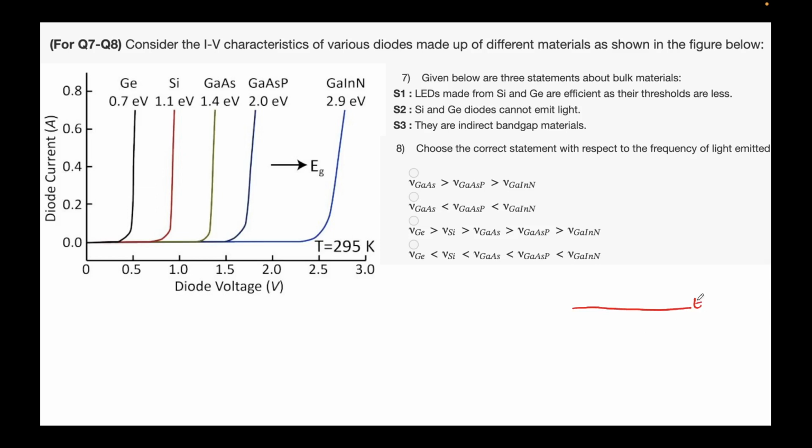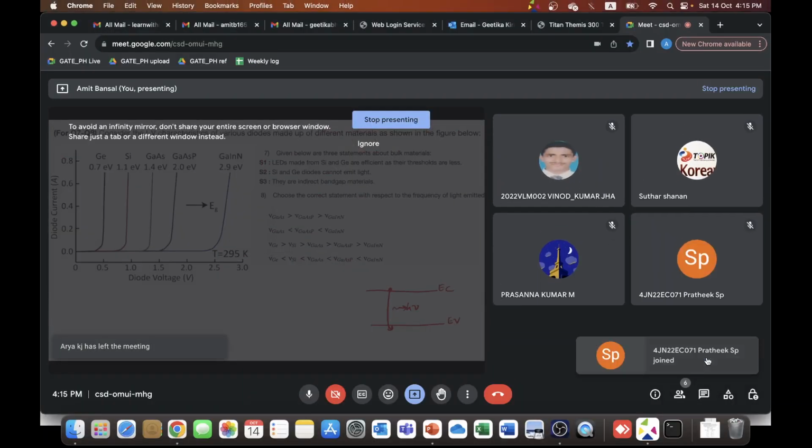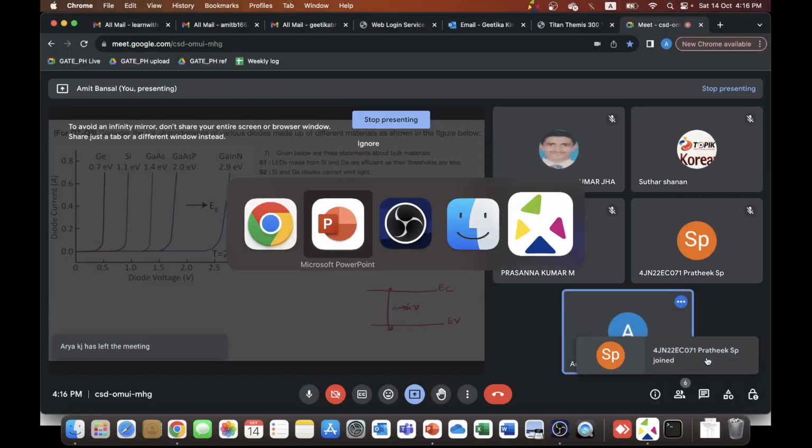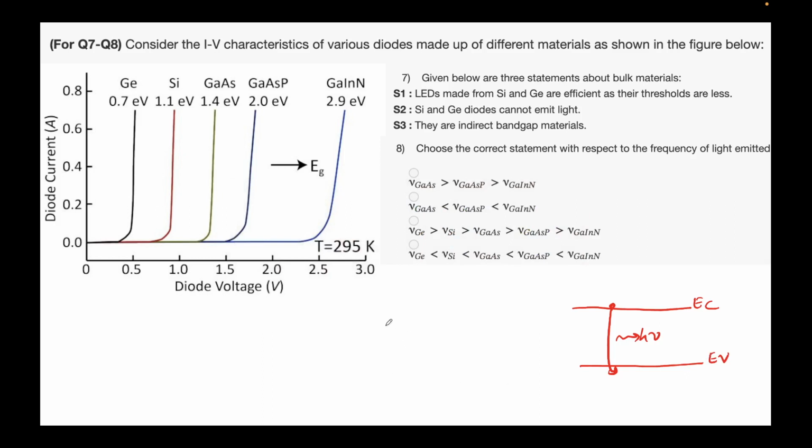So I have EC here, I have EV here, and the light will be emitted when an electron drops from here to here. And I know that h nu, the light frequency that is emitted, should be equal to Eg, the band gap, right?